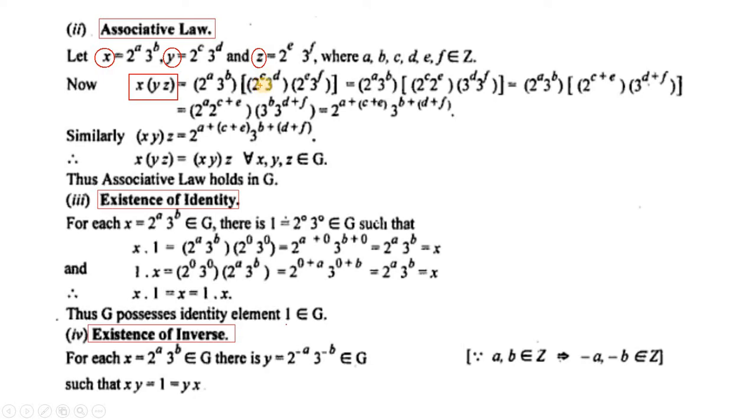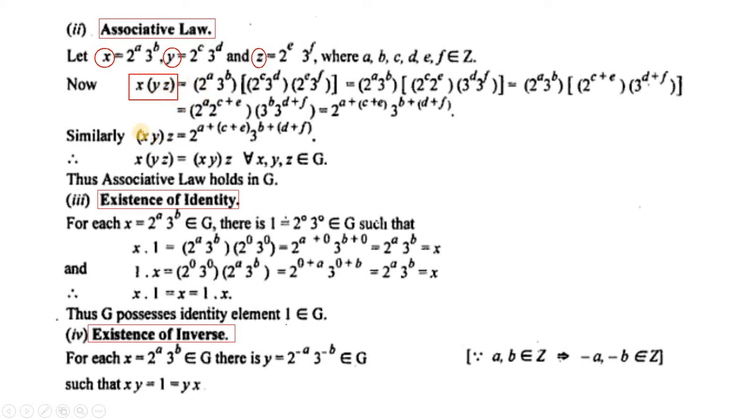Here 2 power c, 2 power e, these two we will write together. Similarly we will write 3 together. We will add the exponents of 2, similarly we will add the exponents of 3. Now here we have the simplification, so with 2 we will write this 2 together. Similarly we will write 3 and this 3 together. Now adding the exponent of 2 and exponent of 3, so this is the simplification. This is the value of x into yz.